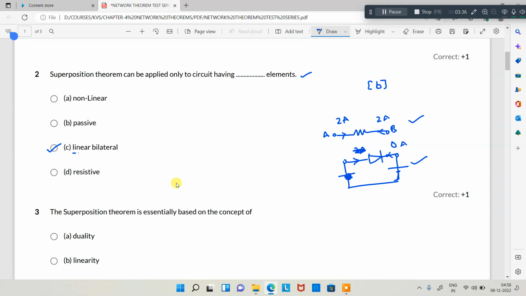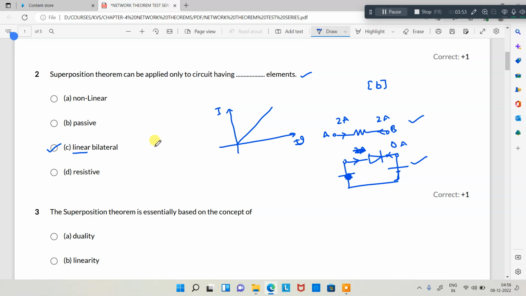Coming to linear: for example, you apply a current or you apply a voltage, and the response is a current. The relation between voltage and current is linear. So if the circuit obeys these two conditions, the superposition theorem is applied.